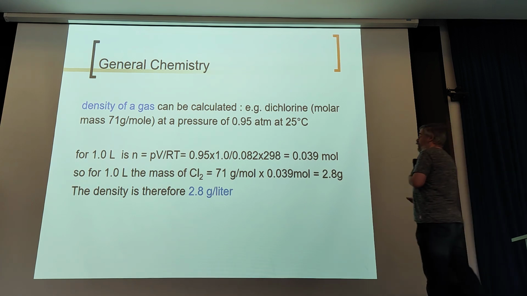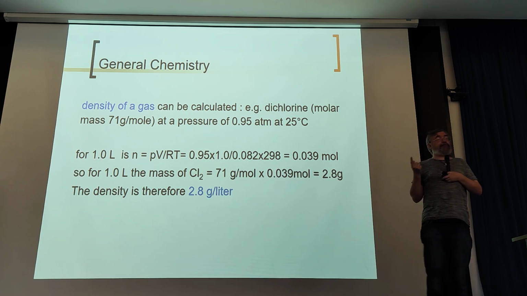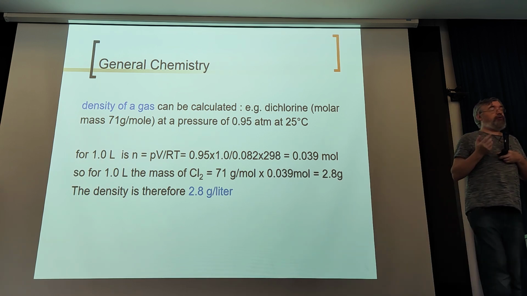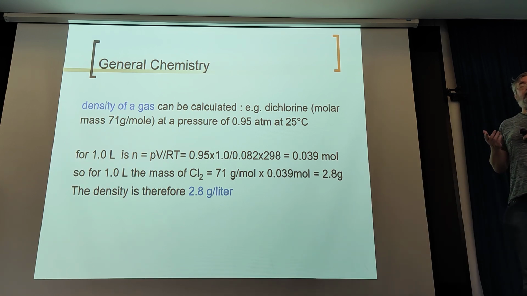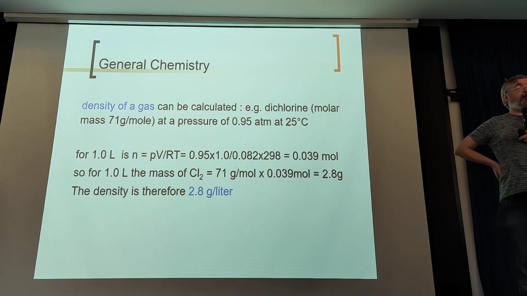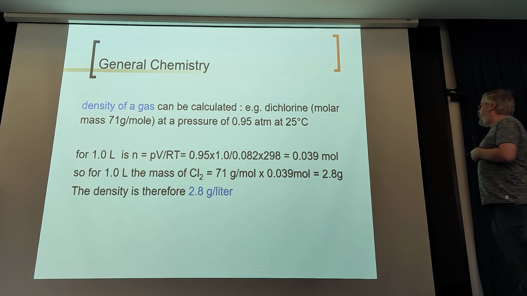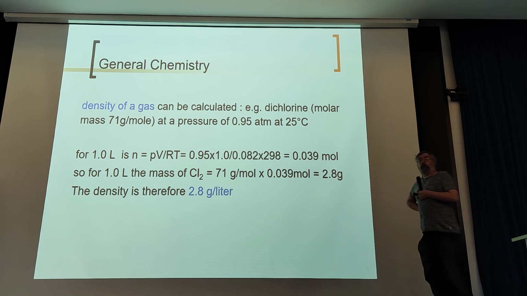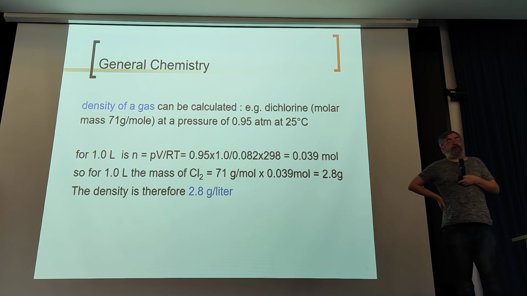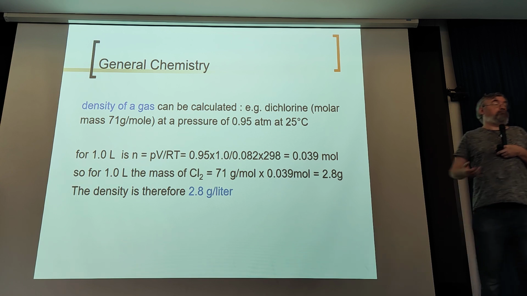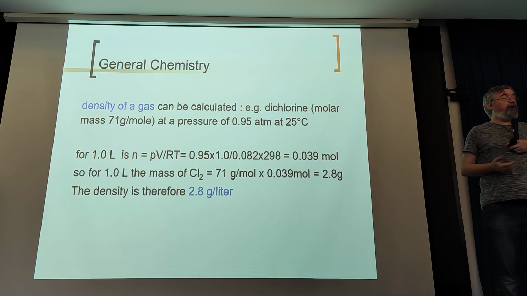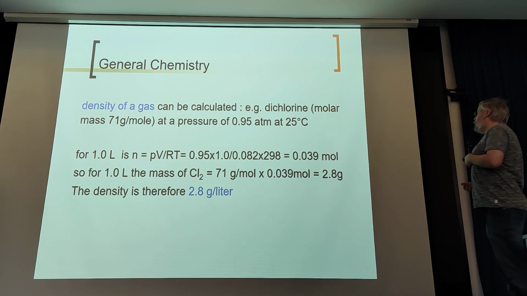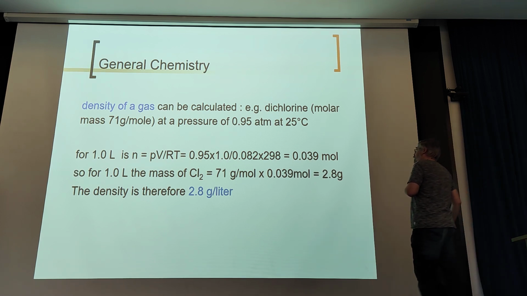Then the mass of the dichlorine, of course, is going to be different because we have 39 millimole and the molar mass of dichlorine is 71 grams per mole. So that means 1 liter of dichlorine is going to weigh 2.8 grams. So the density is 2.8 grams per liter.